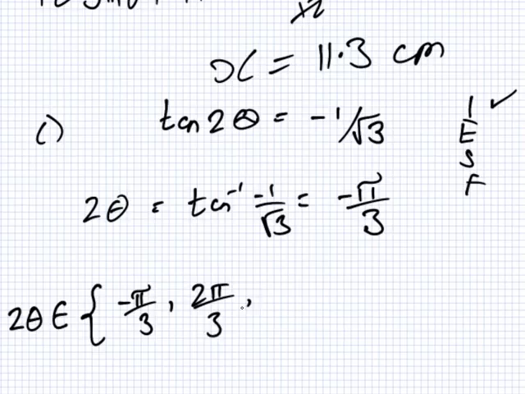How do I get the other 2 answers for tan, or sine, or cos? I add 2 pi to these 2 answers. Go around the circle one more time. So this would be 5 pi over 3. And this would be 8 pi over 3. 5 and 8, yeah?